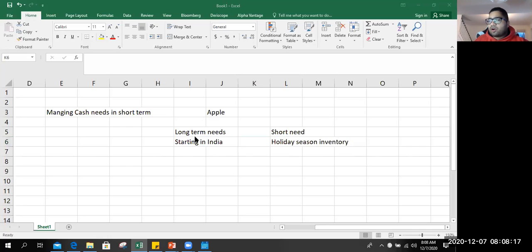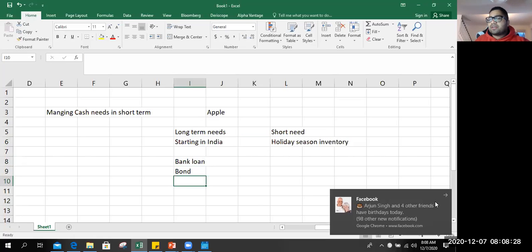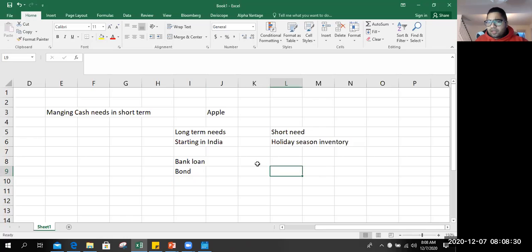Okay. So long-term needs we have discussed. You can take a bank loan for a long-term need. You can raise money through bonds, right? So there are different ways to raise money for long-term needs. We are going to discuss the short-term needs of a company in this chapter.